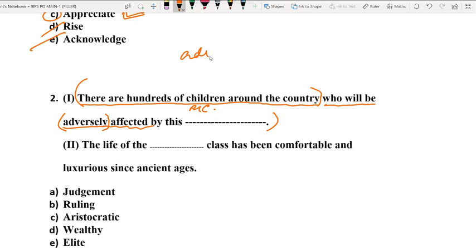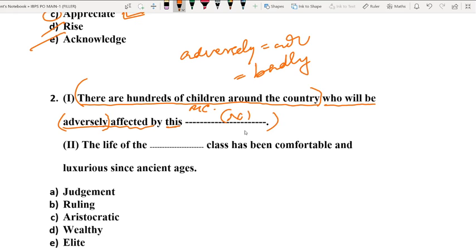Adversely is an adverb and it means negatively, badly. So the children, according to the author, are going to be badly affected by this dash. Here, as I said before, we need a noun because this functions as an adjective. Is that clear?